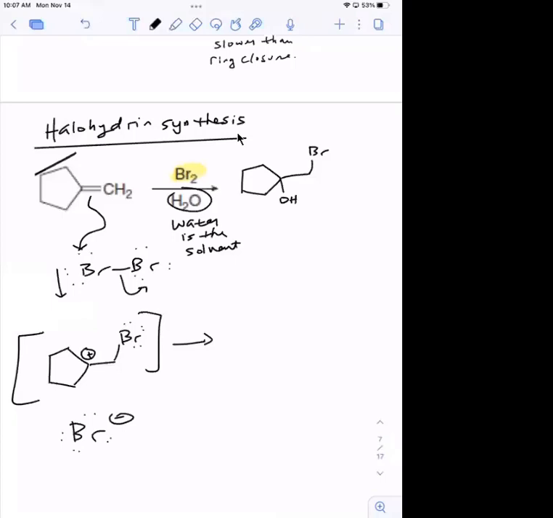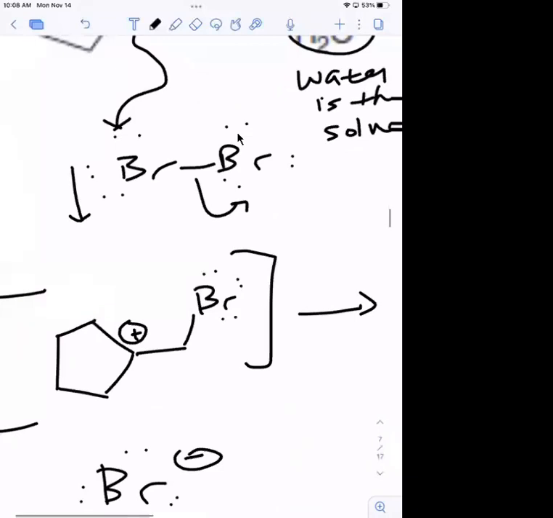Anybody remember what happens there? The bromine doesn't attack, right? We talked about this on Friday. What happens here when you have that bromine next to that plus charge? And I gave you a term to describe it as well. Doesn't this close up?